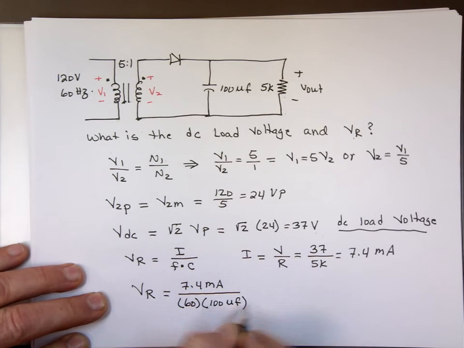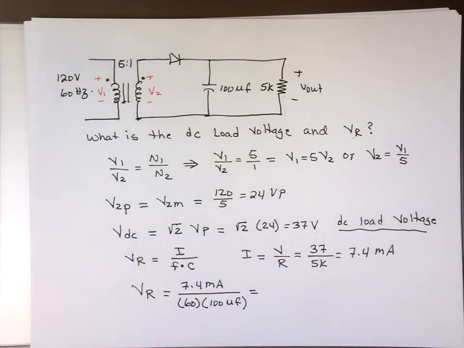So let's take that number, divided by 60, divided by 100 micro. Where is the EE power here? Here we go, EE to the negative 6. And I got roughly 1.2 volts peak to peak.